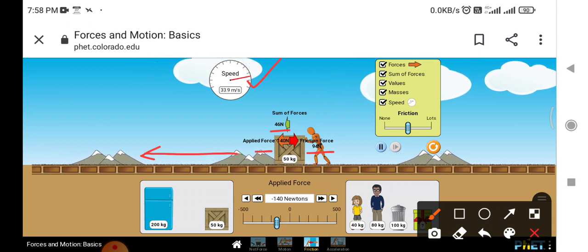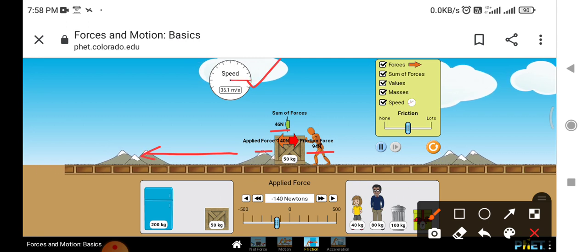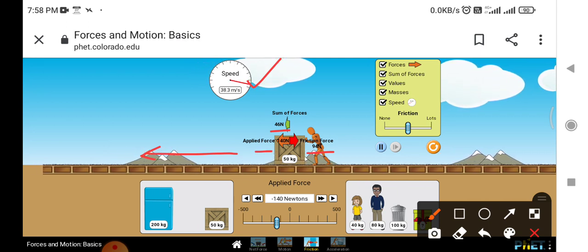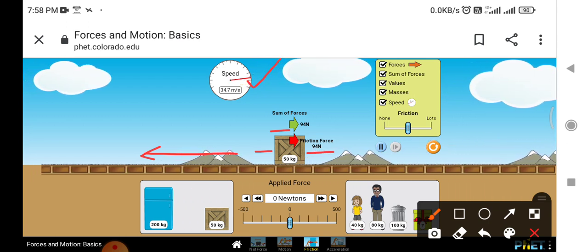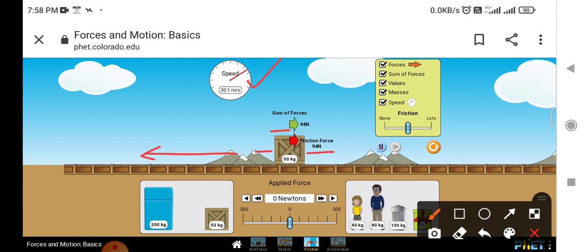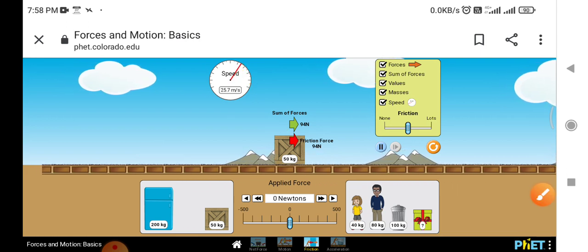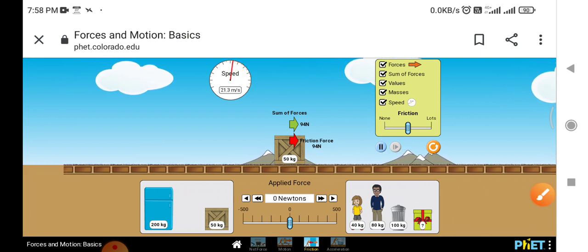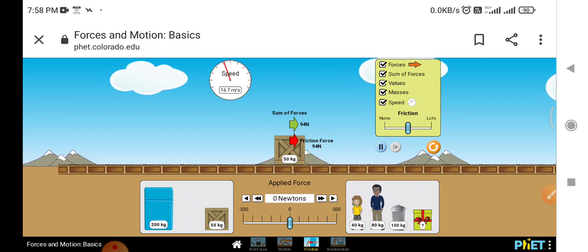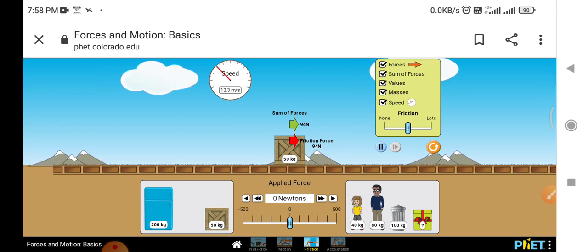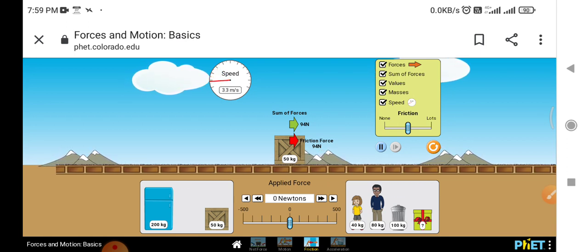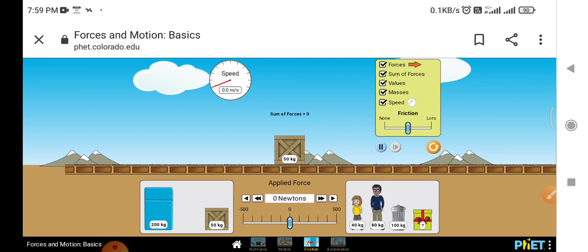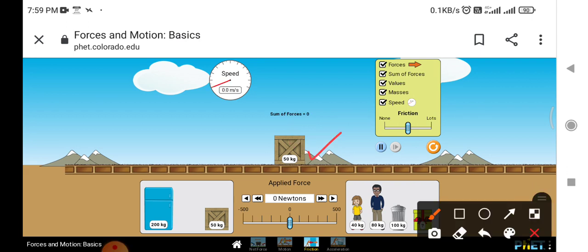After reaching a particular distance, the strength of the applied force is reduced. Now see. Definitely it will stop after some time because the frictional force is 94 Newton here, there is no applied force. So due to the frictional force, the object stopped.